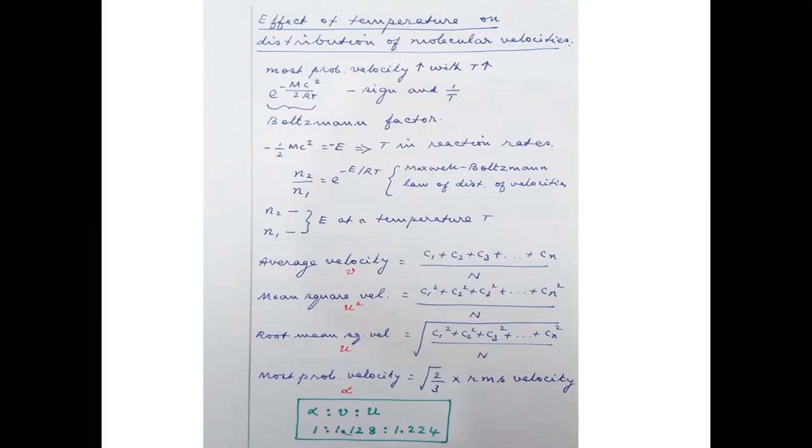The most probable velocity is equal to the square root of 2 by 3 multiplied by the root mean square velocity. The ratio among the most probable velocity, average velocity, and root mean square velocity is 1 is to 1.128 is to 1.224. This is the relation among them.